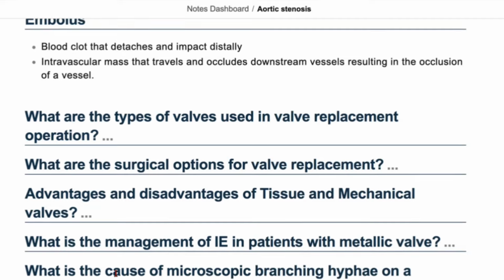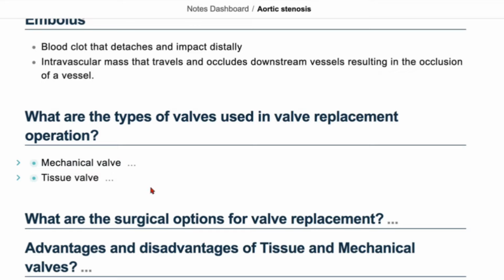So the types of valves can be mechanical or tissue valve. The other things that we typically can also do is a Ross procedure. That involves taking a native valve that's functional and implanting it into the stenotic valve. You can also do minimally invasive procedures such as a balloon expansion procedure and also a trans-aortic valve replacement through the femoral artery.